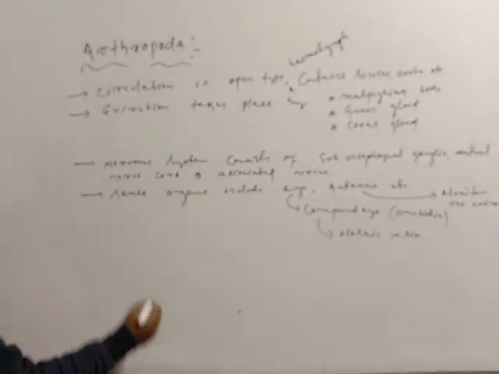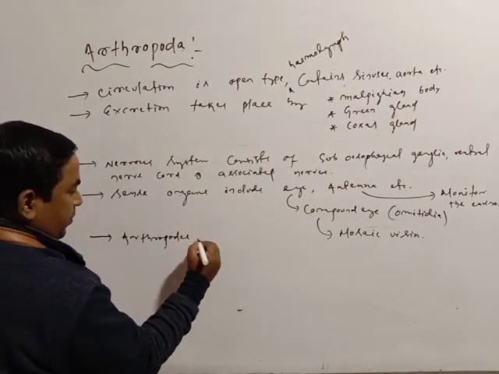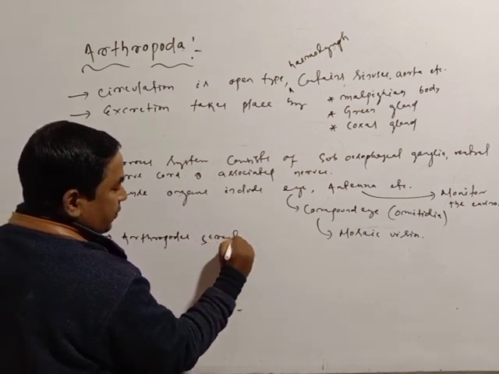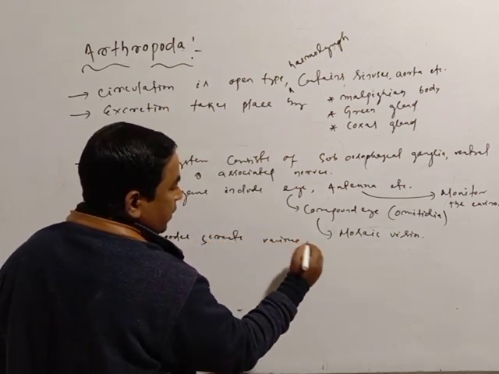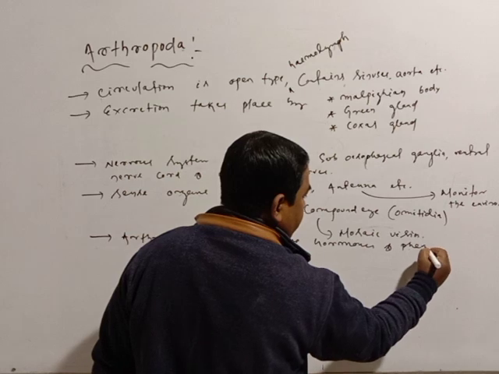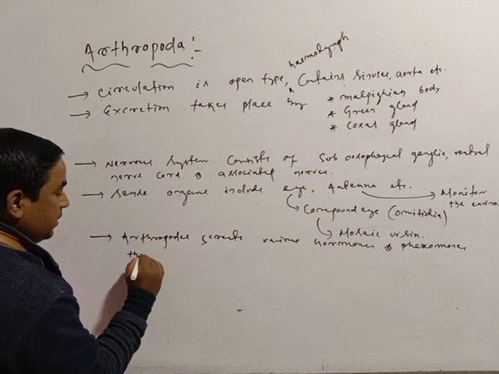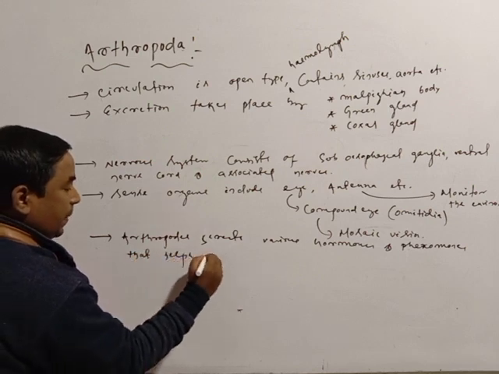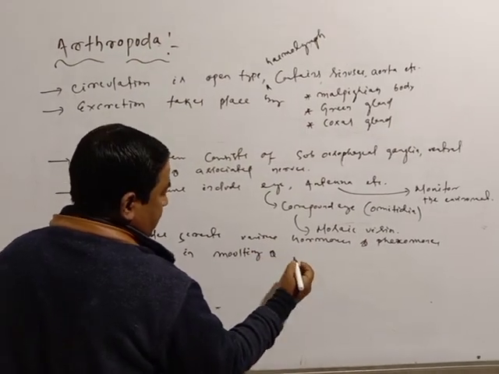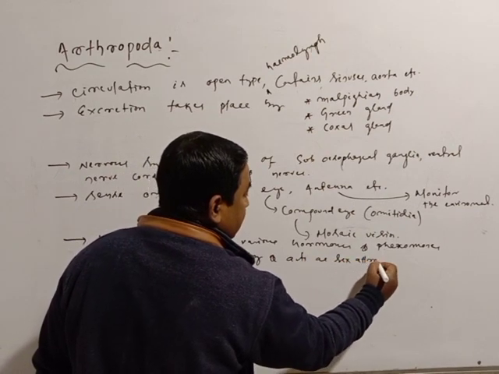Next, arthropods secrete various hormones and pheromones that help in molting and act as sex attractants.